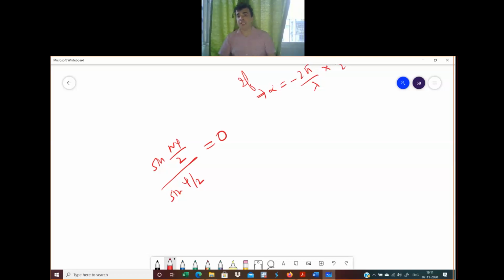For what values of psi will this quantity be zero? 2 pi n.